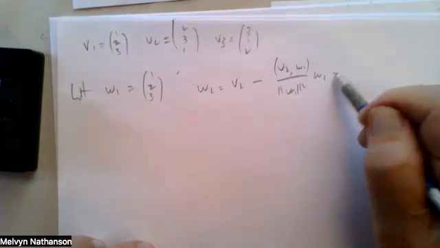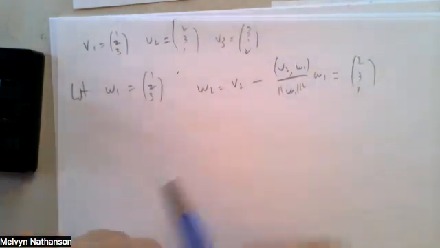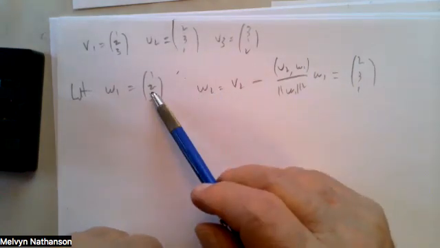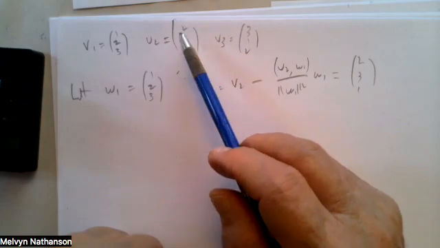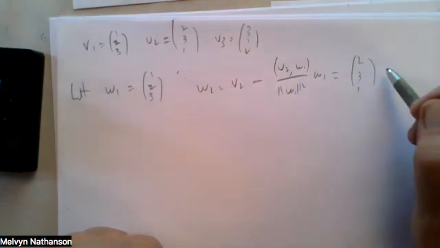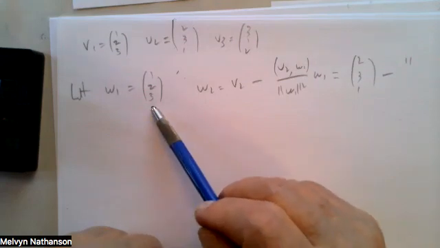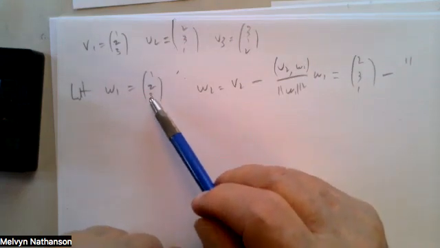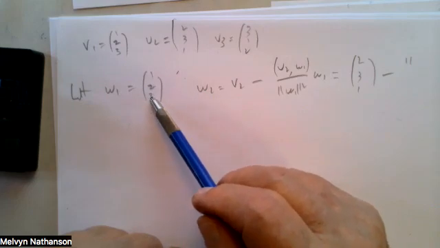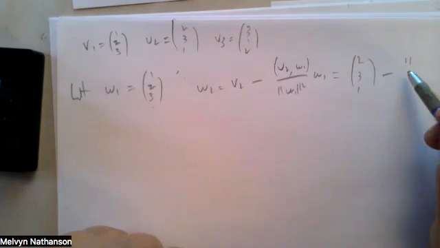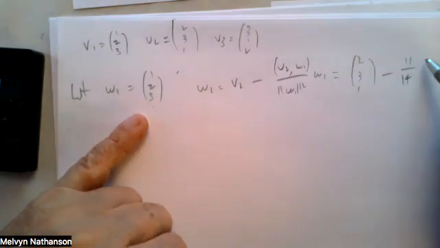Right? What is that? V2 is 2, 3, 1. The inner product of V2 and W1, the standard inner product, is 2 plus 6 is 8 plus 3 is 11 over the length of this vector squared. This vector has length squared 1 plus 4 plus 9 is 14 times the vector W1.